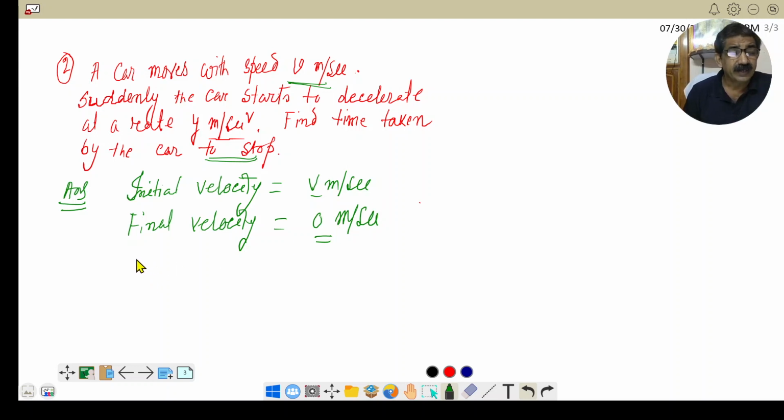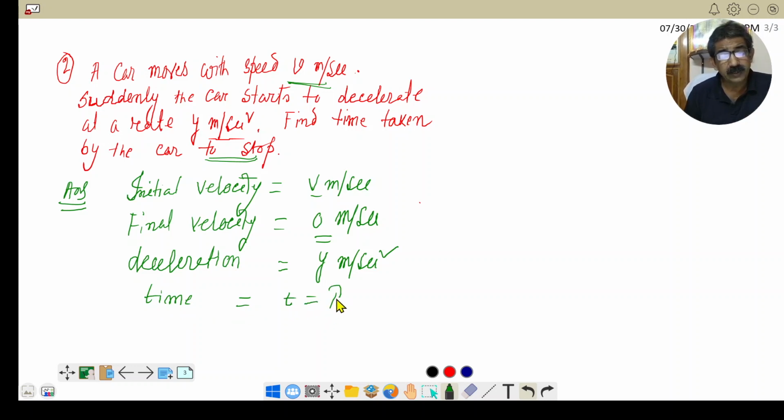Okay, and deceleration is equal to y meter per second square, and time taken is equal to t. We do not know the value of t, so that is unknown.